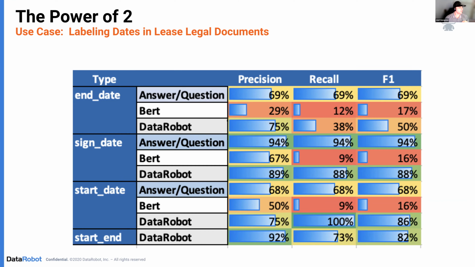The workflow and the transformations can sometimes be complicated, but DataRobot handles that for you. In this case, you can see that DataRobot outperformed in precision. There are some instances where, of course, question answering outperformed it, but you can see that BERT in each one of these instances did not do better than DataRobot, even though BERT is much more complex and supposedly is able to handle really, really complicated tasks.